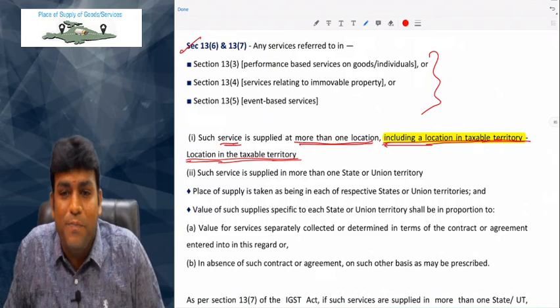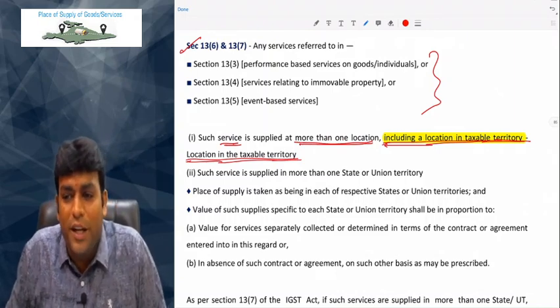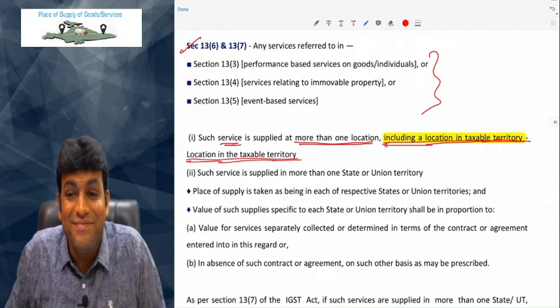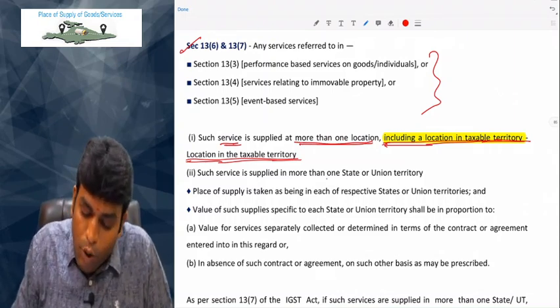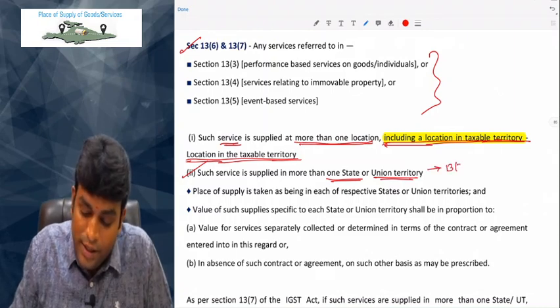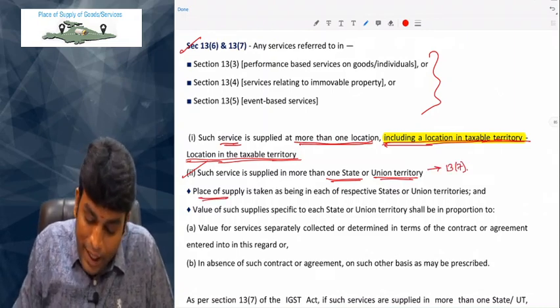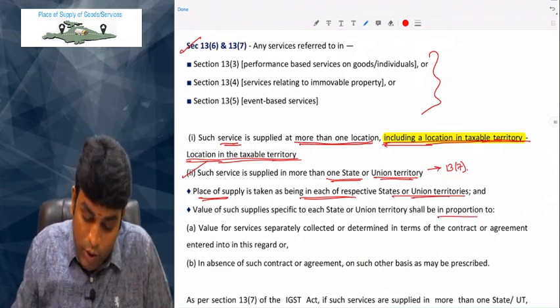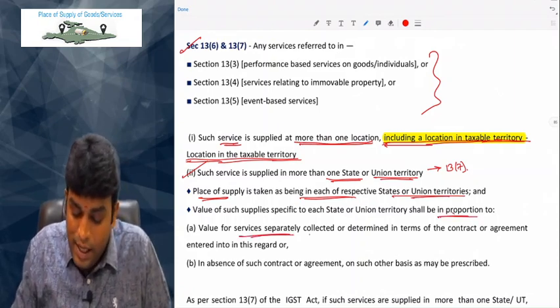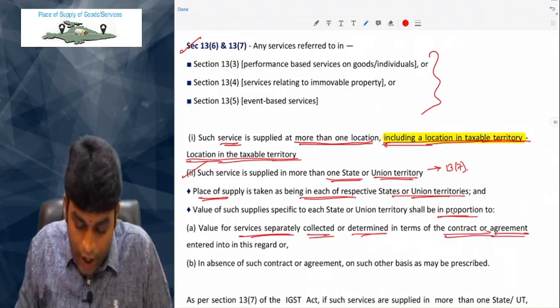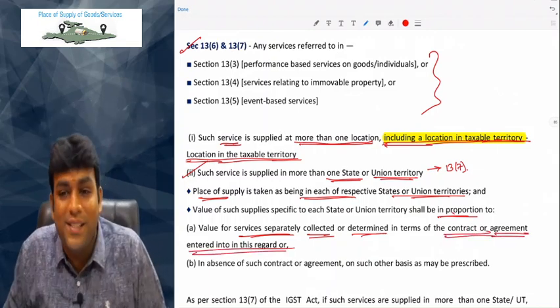Otherwise, if the service is performed at more than one location, including India, then the place of supply will be India. Next line. If it is done in more than one state or UT, this is the 13.7 story, sir. The place of supply is taken as each of the respective states in proportion to the value for the service separately collected or determined in terms of the contract or agreement entered into in this regard.